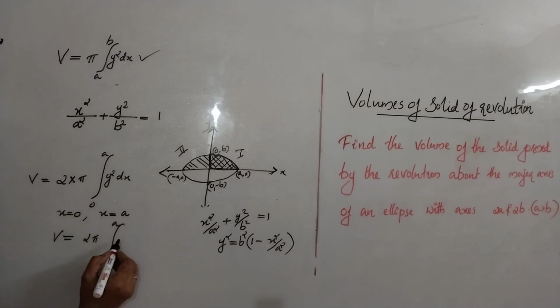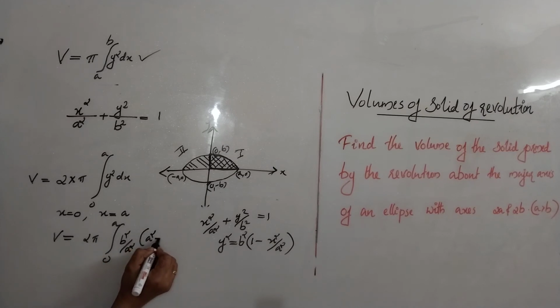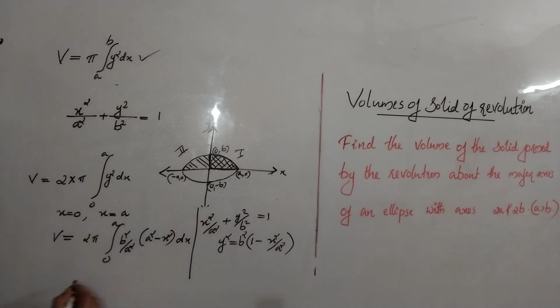So here y square dx means b square divided by a square into a square minus x square dx. This is equal to 2 pi into b square divided by a square into integral 0 to a of a square minus x square dx.